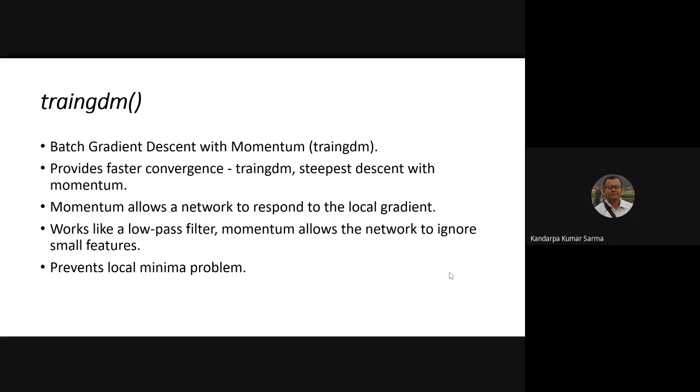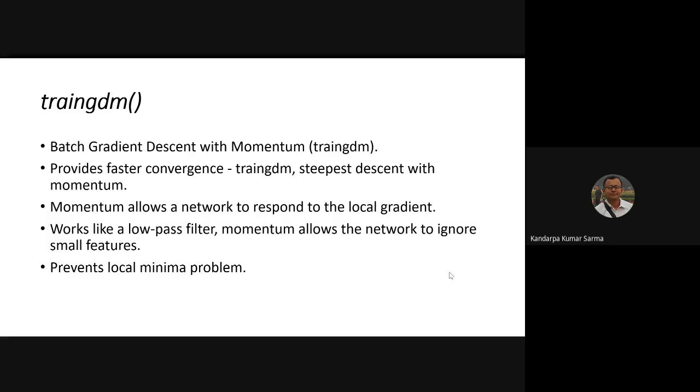and the momentum term further permits the network to round off small variations in the feature. The use of this momentum term prevents the formation of the local minima problem.